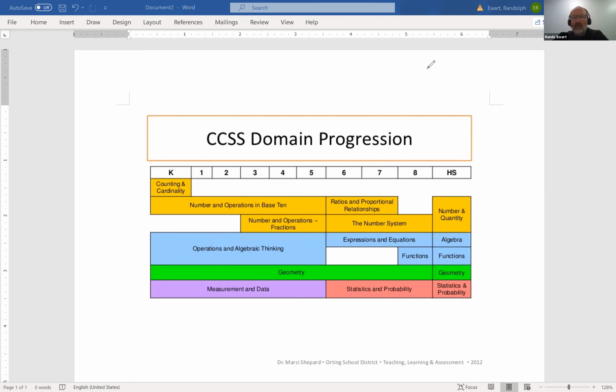Now, let's get back to determining a grade level for math. Let's say your student is in 6th grade, and let's say that the student tested at a 4th grade level.